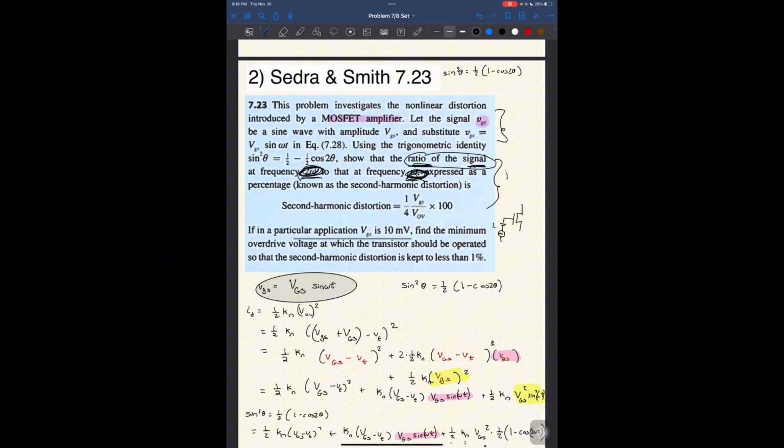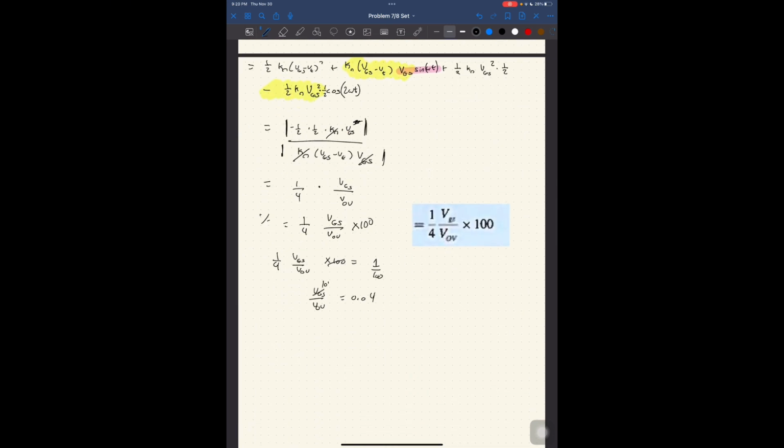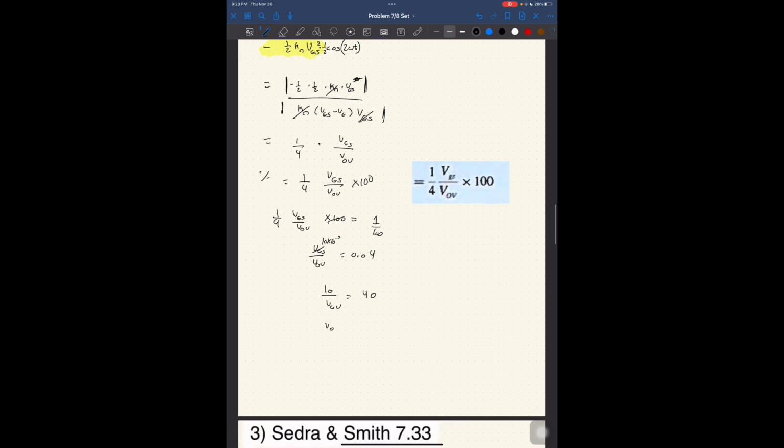And VGS is 10 millivolts, so this is 10 times 10 to the negative 3, which means I can multiply both sides by 10 to the 3, such that I have 10 over VOV equal to 40. Such that VOV is equal to 40 over 10, whoa, I made a mistake. VOV is equal to 10 over 40, which is equal to 1/4, which is equal to 0.25.